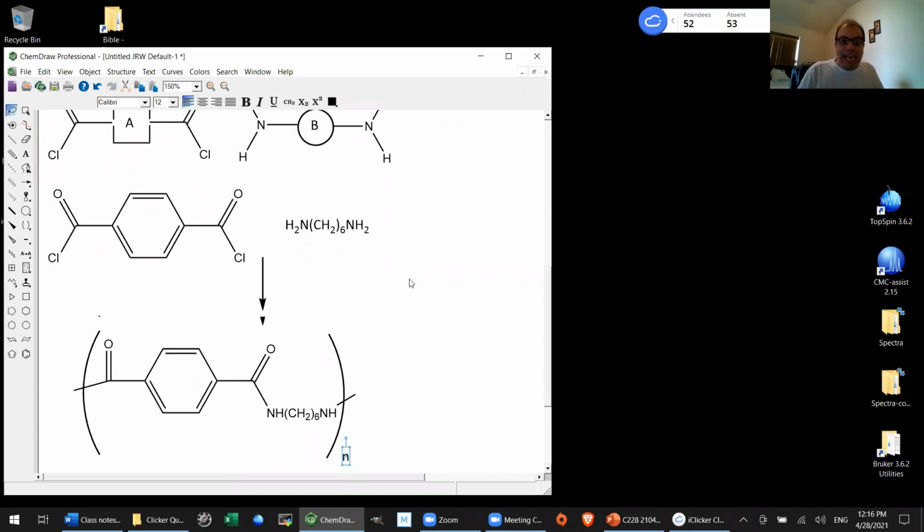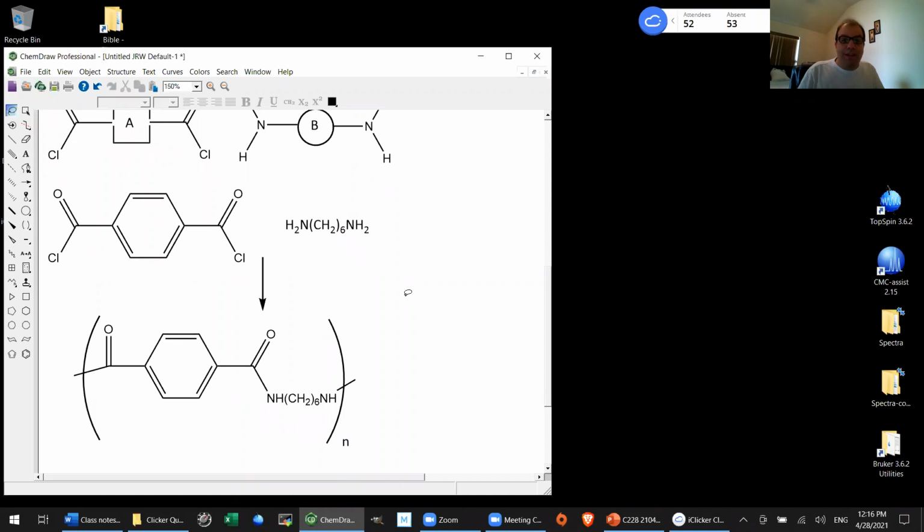And the name of the game with drawing these polymer structures is, well, we've already given the rule for that. You just need to make sure that all of the atoms that are in the repeating unit are represented within the parentheses exactly once. That's what you want to aim for. Other than that, there are in general many correct ways to draw any of these polymer structures.